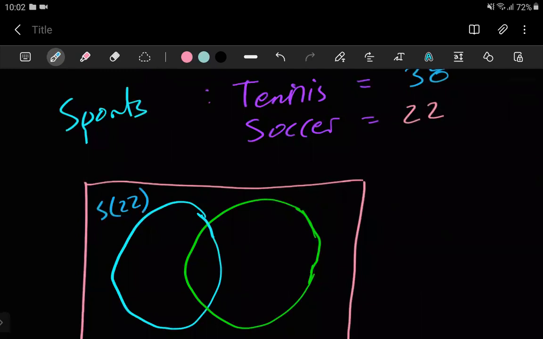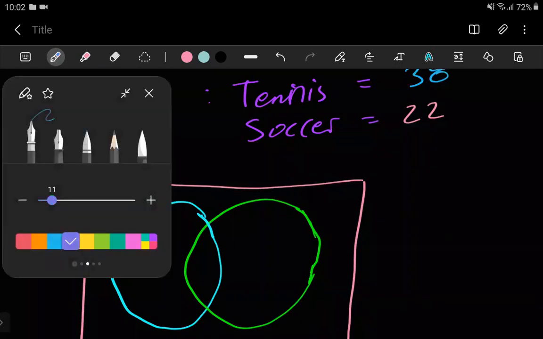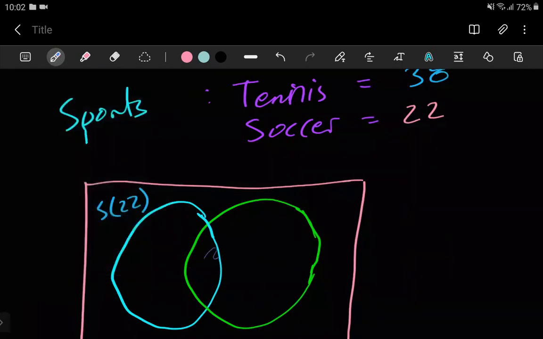Now, in this small space and this space here, these two spaces should add up to 22. I'm just choosing random numbers now. Let's put 6 here. It means here we'll have to have 16, because 16 plus 6 gives you 22.